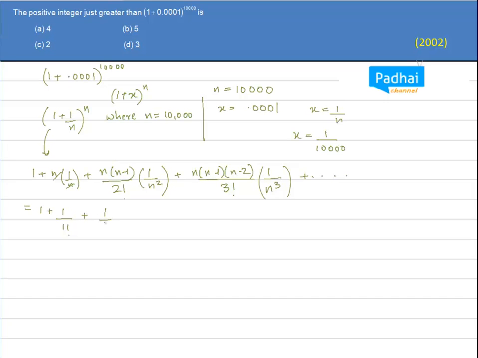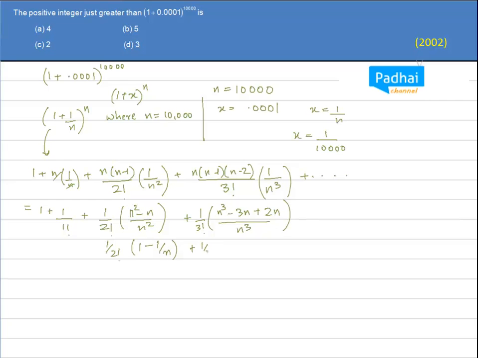This will be 1 by 2 factorial into (n square minus n) by n square, which I can write as 1 by 2 factorial into (1 minus 1 by n). Let's see what the next term will become. This will be (n square minus n) into (n minus 2), which is n cube minus 3n square plus 2n, upon n cube, with 1 by 3 factorial outside.